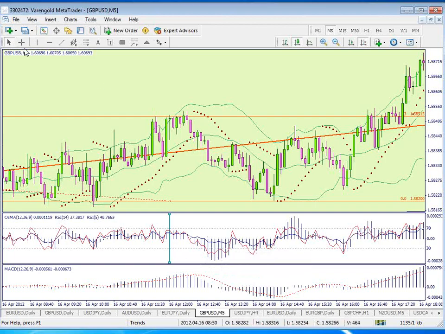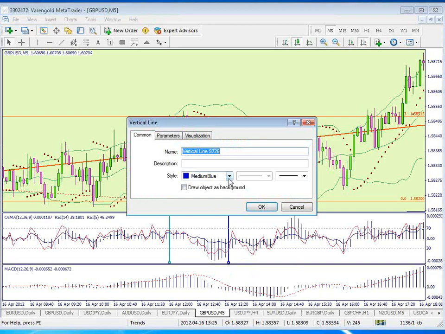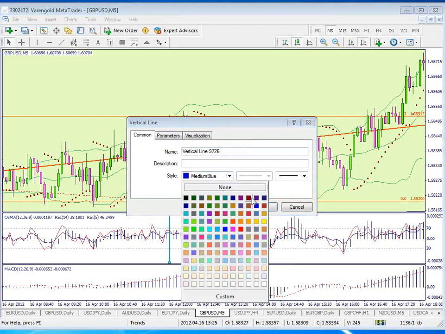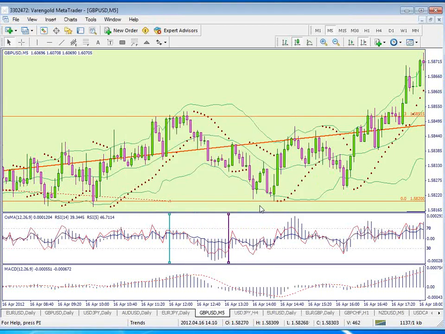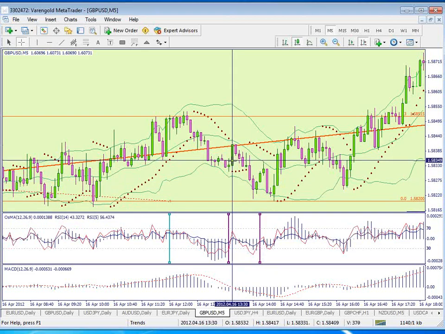You have a signal here, one other here, and let's see what that means. I have here the crossover and very quickly the opposite signal.